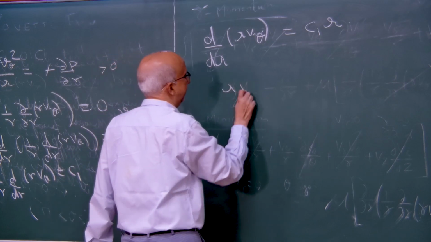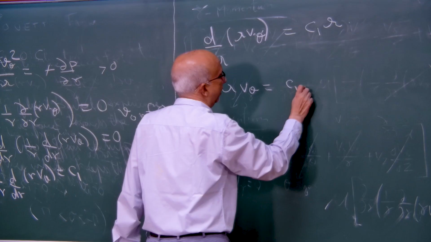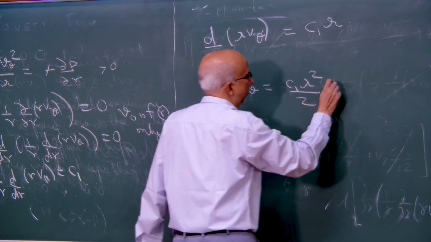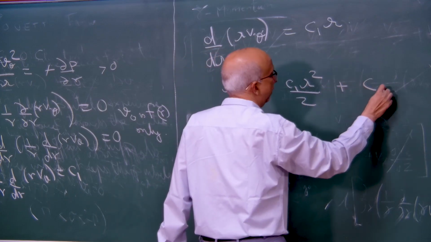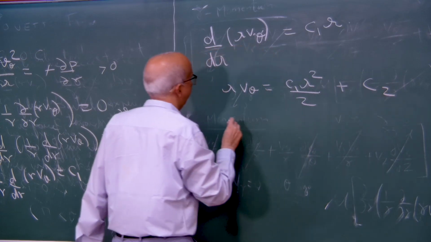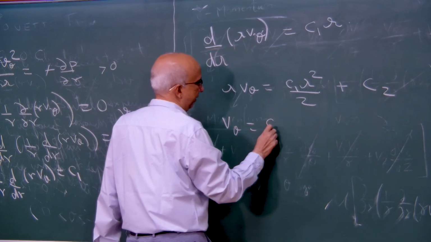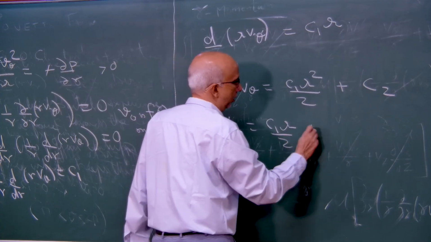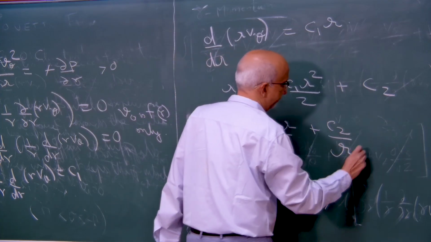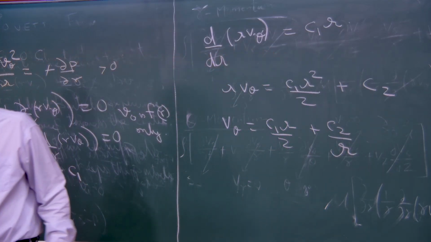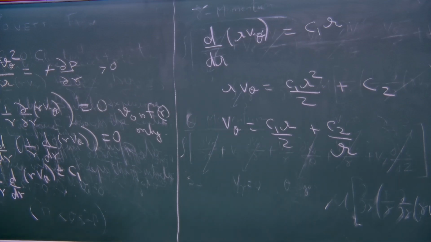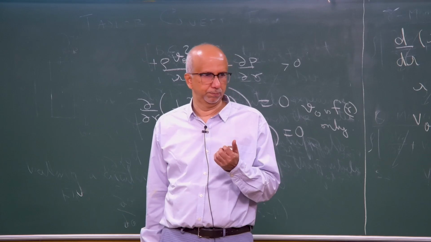So r v theta is equal to C1 r squared by 2 plus C2. So v theta is C1 r by 2 plus C2 divided by r. This is just straightforward integration, which you all know how to do.